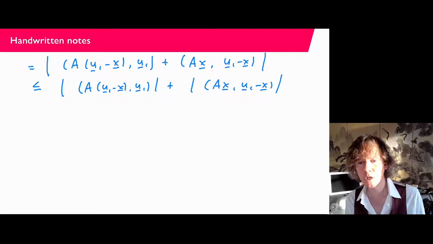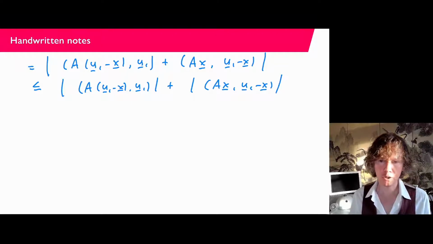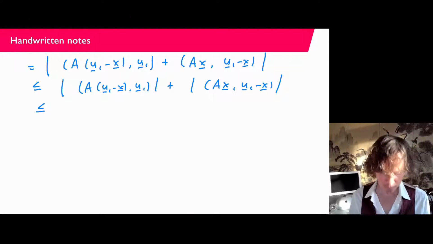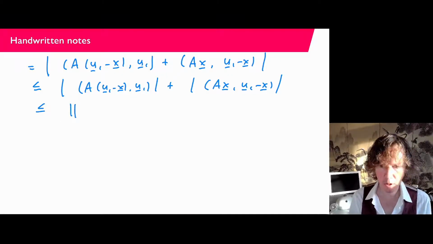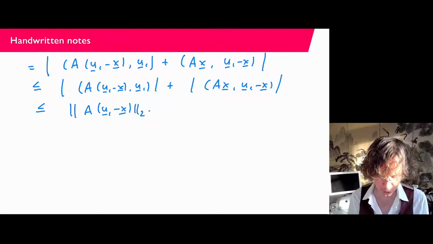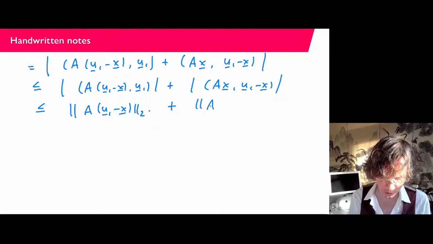And then we're nearly there, because I can now say that this is less or equal the 2 norm of A u1 minus Ax times the 2 norm of u1, that's 1, so I'm not going to write that down, plus, and here I can write this as the 2 norm of Ax, or I can give it as an upper bound, times the 2 norm of u1 minus x.